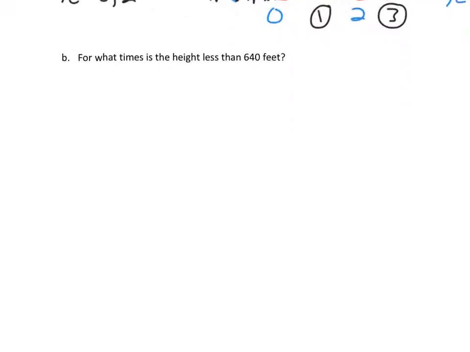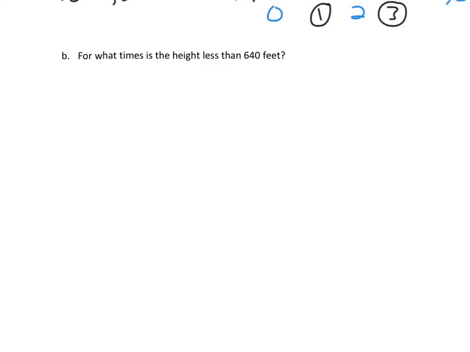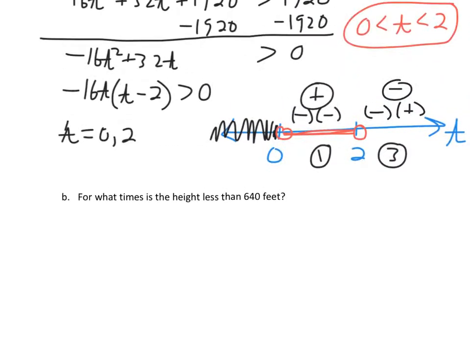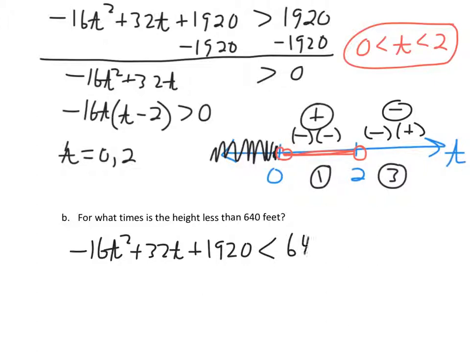And in part B, it says, for what times is the height less than 640 feet? So we have to start this kind of the same way. We take the expression that represents the height, which is -16t squared plus 32t plus 1920. And we want to know when it's less than 640 feet.